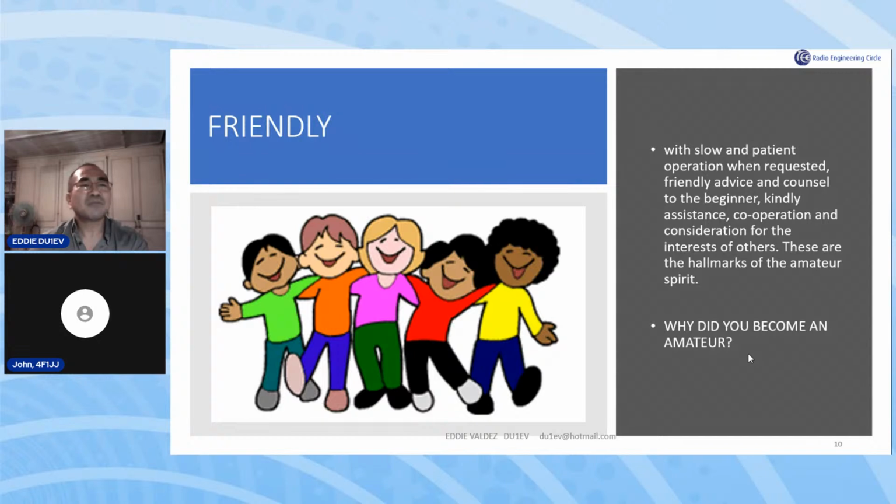Bago pa nag-umpisa yung Facebook na yan, last century, nag-umpisa na tayo sa ham radio. We wanted to make friends using electronics. Alright? So, that is probably also the reason why we became ham, to make friends, not to make enemies.